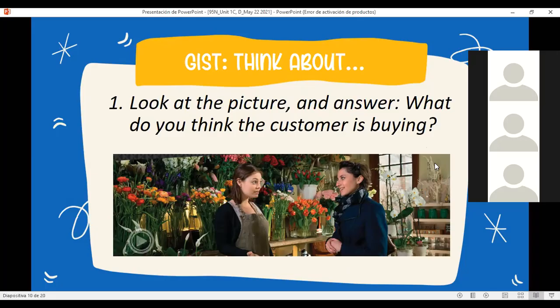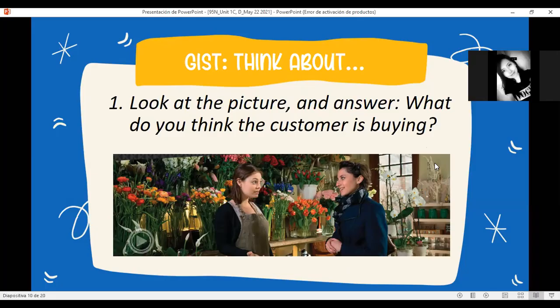Flowers, okay. Maybe she's going to buy flowers. What do you think, Jimmy? Do you agree or disagree with Nikki? I agree. So yes, probably the lady is going to buy some flowers.